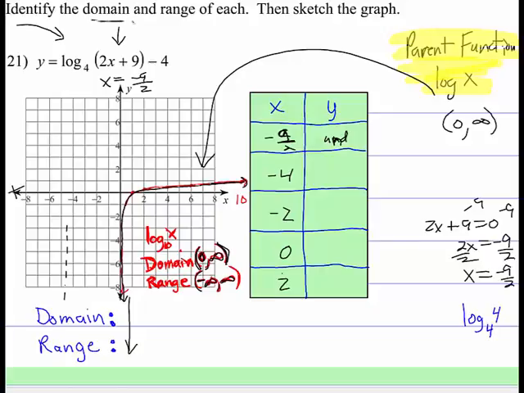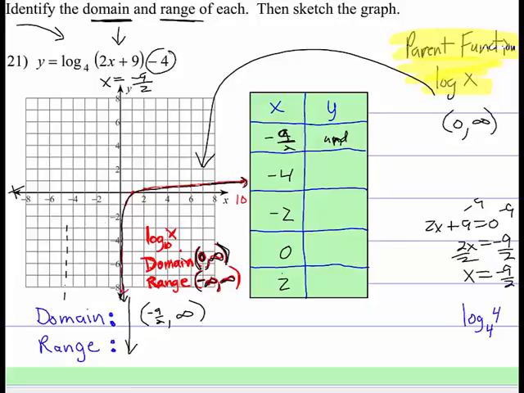But the key thing is to find the domain and the range. So the domain in this situation, it's not going to touch negative 9/2, but it still is going infinitely to the right. For the range, notice nothing has changed. The graph is still going to look like this.